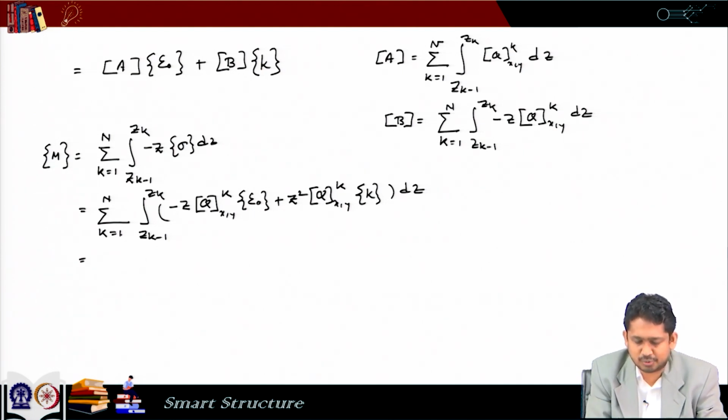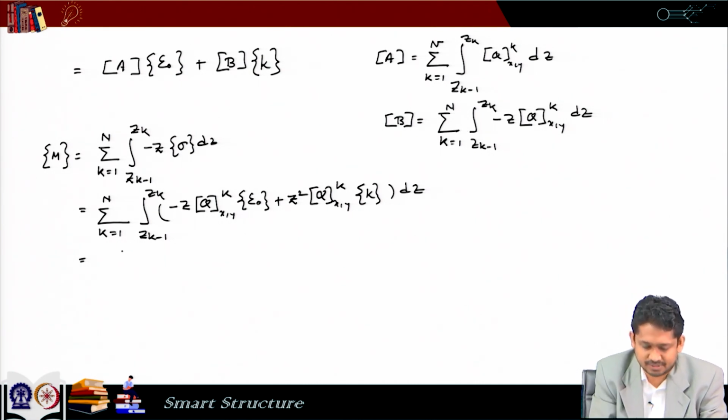Again epsilon 0 goes out and we are left with minus z into q, and we know that if we integrate minus z into q and sum up, we get a quantity called B. We have already defined it.